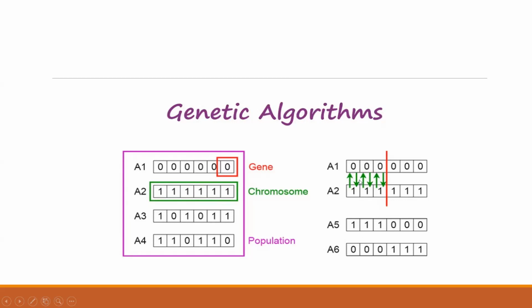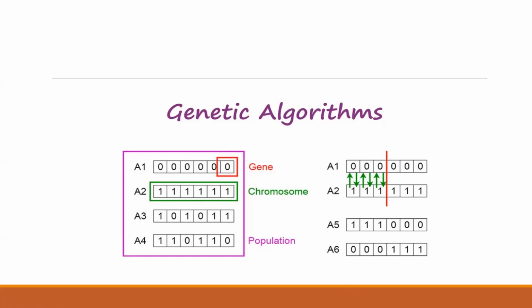A5 is A1's 000 converted into 111, and A6 takes the bits of A1 substituted into A2, that is 000 111. So these are the new offspring generated from this population.